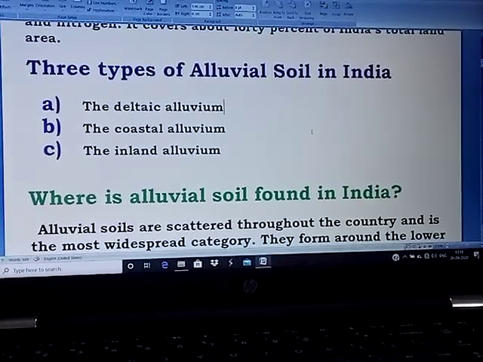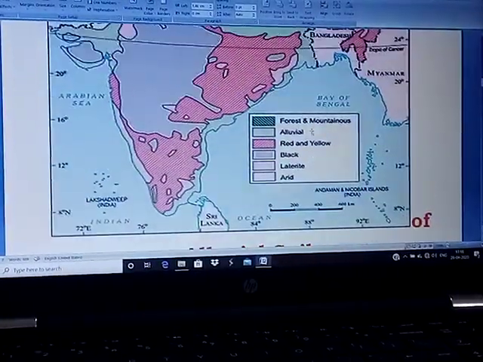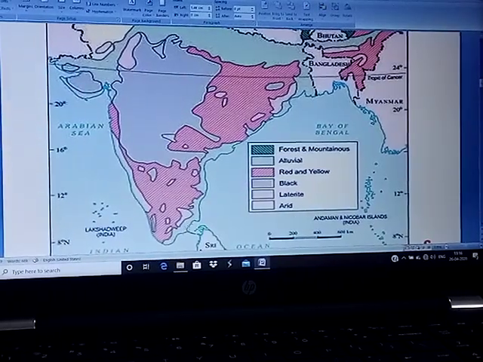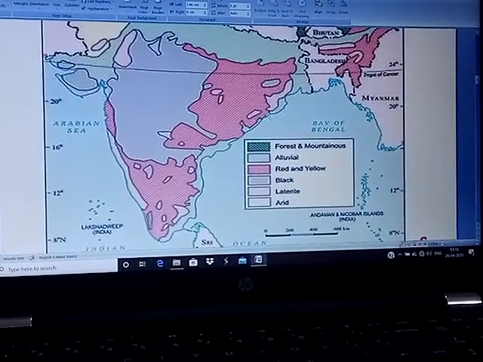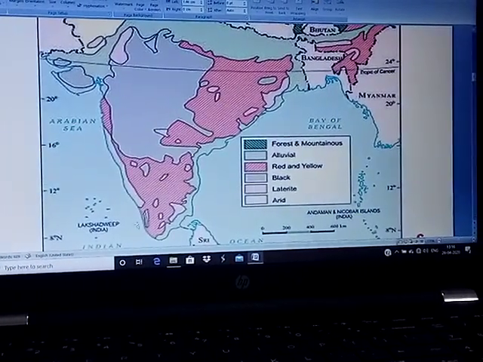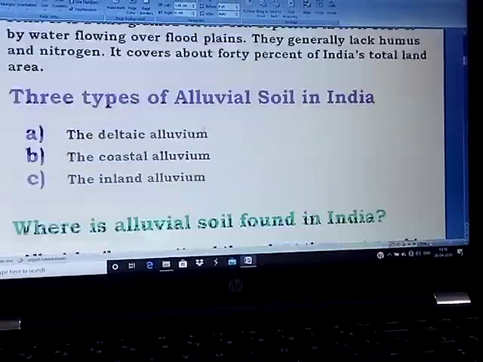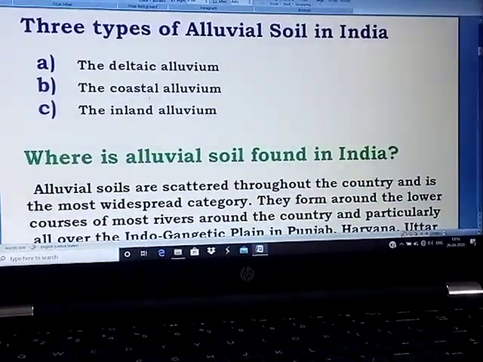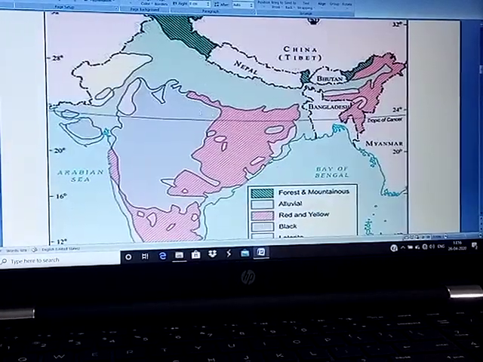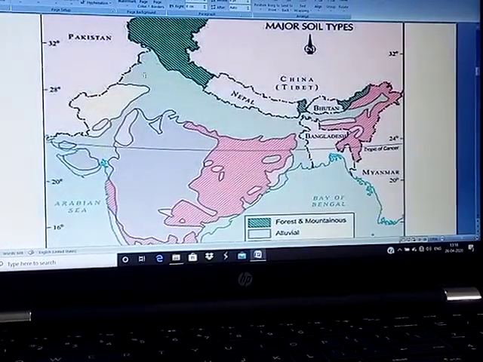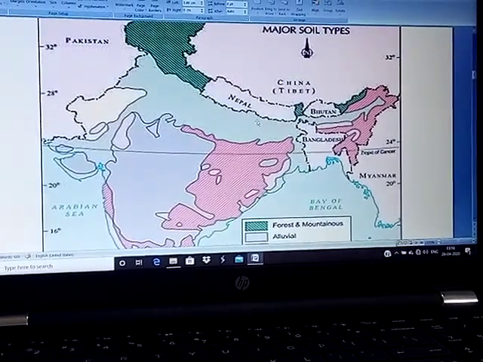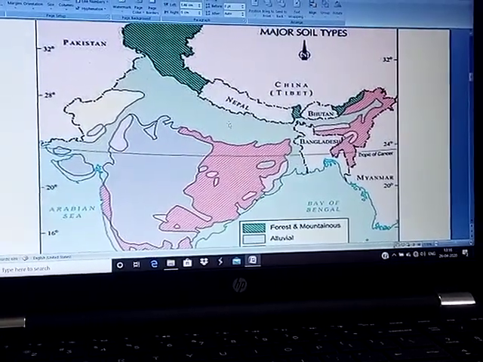If you go through the map, all these coastal regions have some alluvial soil. All these coastal regions will have the coastal alluvium, and then there is inland alluvium. Inland alluvium means inside the land. It is mainly found in the northern part of India, called the Great Gangetic Plains.